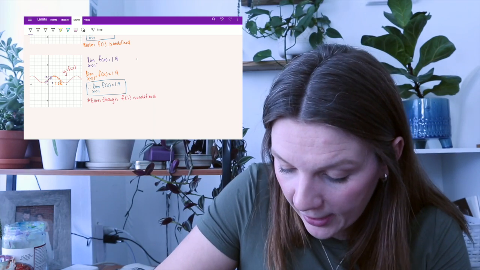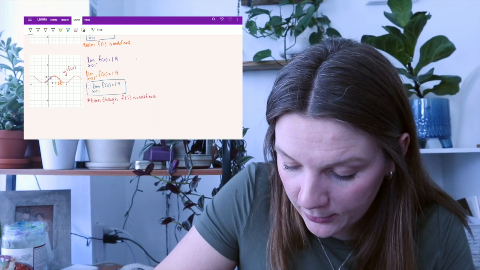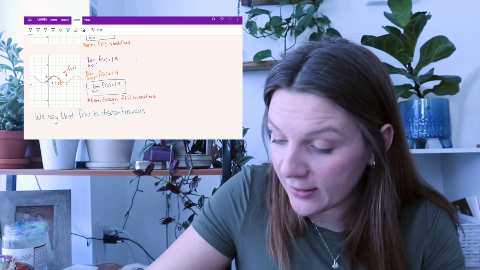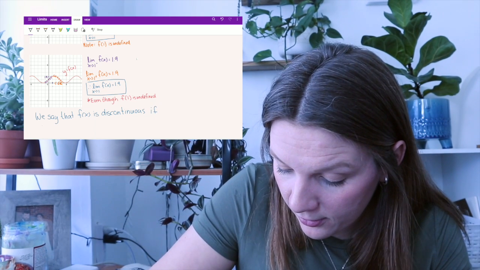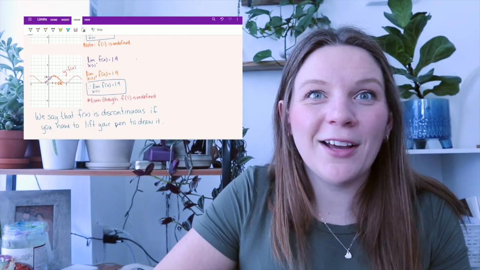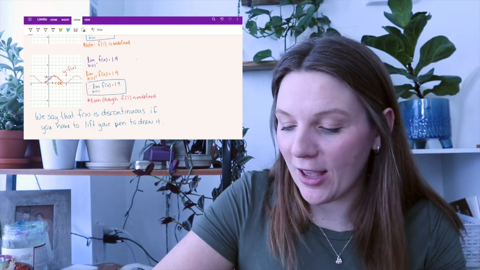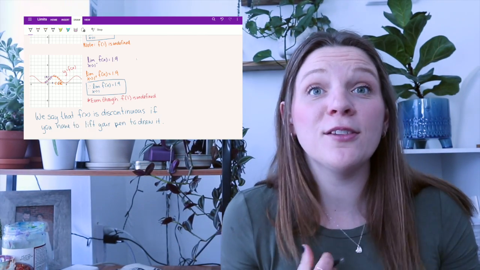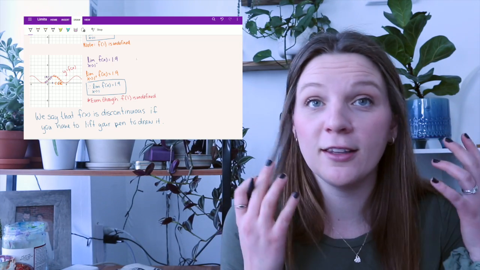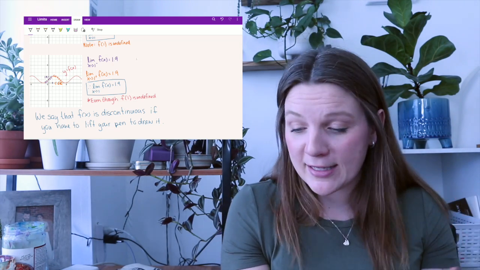So we say that a function is discontinuous, or just that it's not continuous, if you have to pick up your pen to draw it. Now that's a very hand-wavy definition, and so we're going to look at how we can use limits to more properly define discontinuity and what it means for a function to be continuous. And we'll also look at how we can actually compute limits without just looking at the graph. So join me for that.